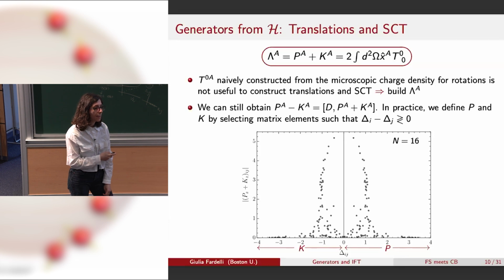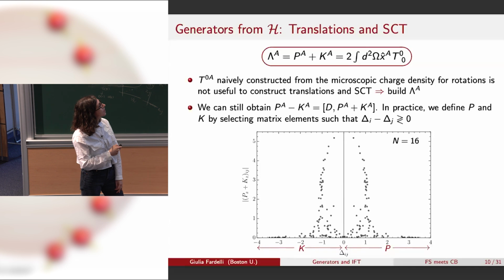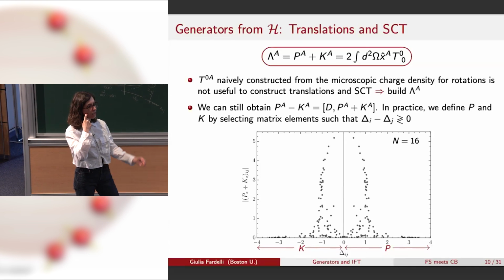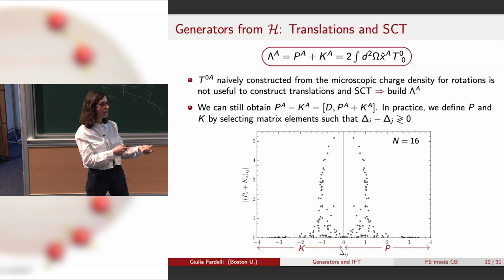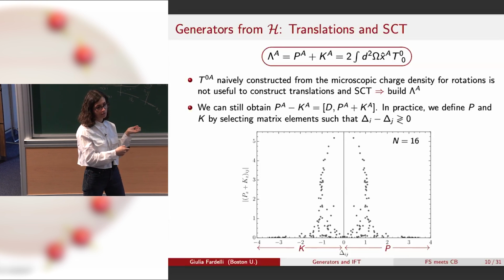But I still don't understand. What does it mean, take this and assign it to P? Yeah, I'm just saying that here you have a matrix lambda z with i and j. You have this matrix element, and you can compute the difference in the energy between the element i and the element j. If this difference is greater than 0, you say that this lambda z is equivalent to p, z.